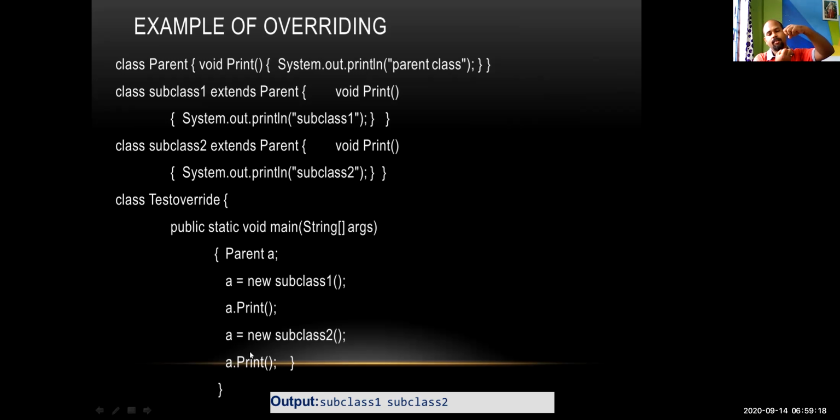But the derived copy of the method in the derived class will have higher dominance than the method of the parent class, and that's why the method in the derived class will be called, and as a result subclass 2 is printed.